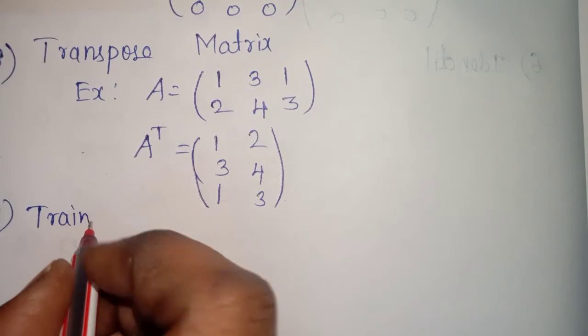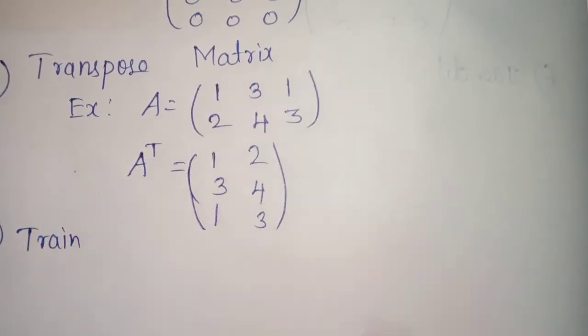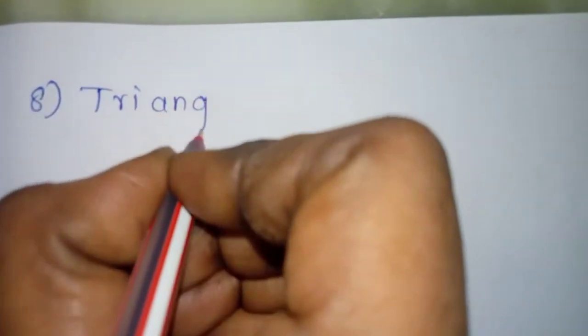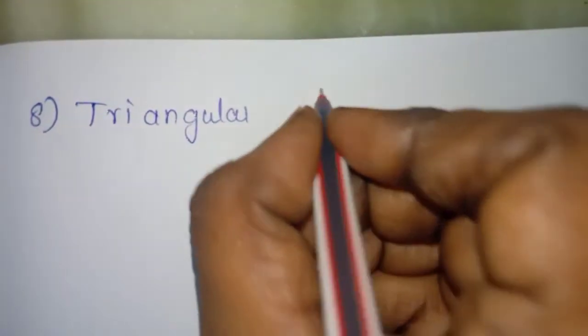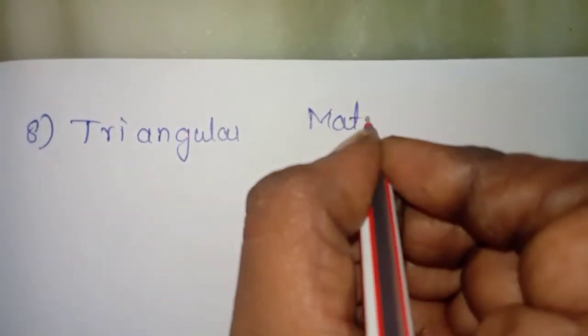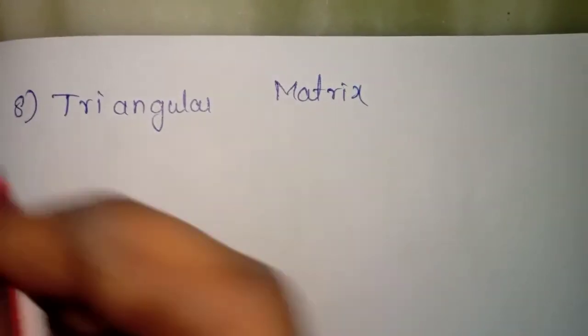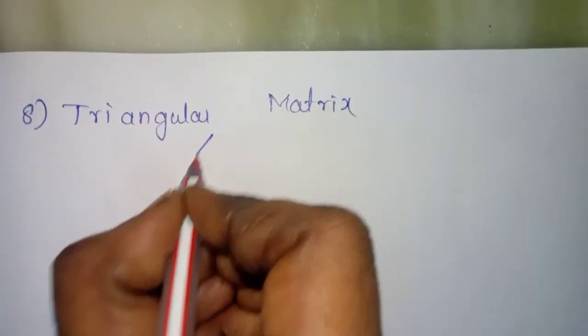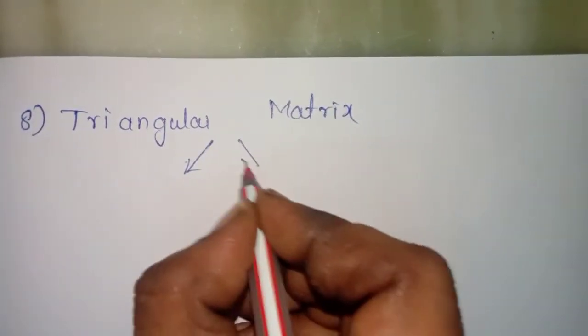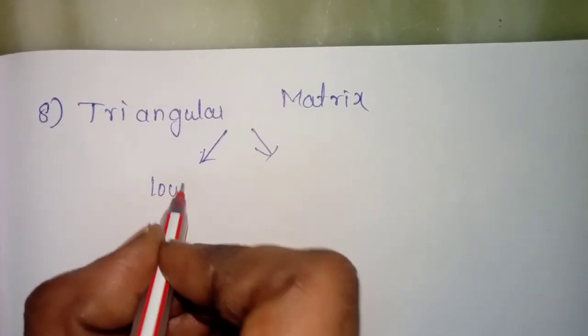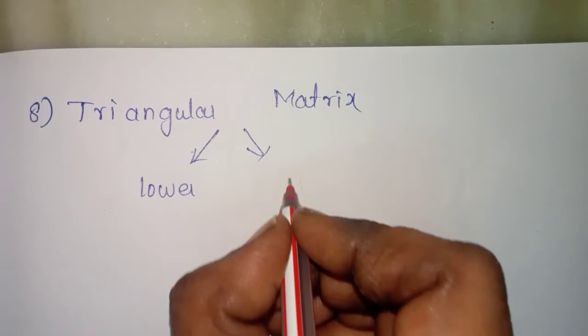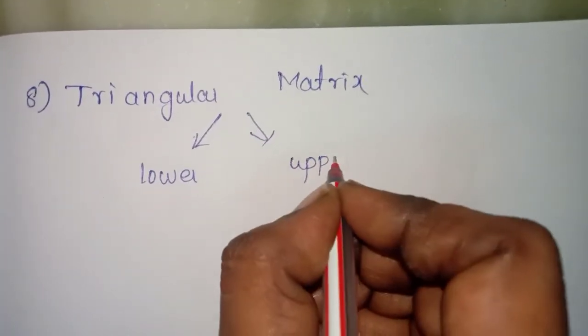Then it is called a triangular matrix. It has 2 types. One is the lower triangular matrix, the next one is the upper triangular matrix.